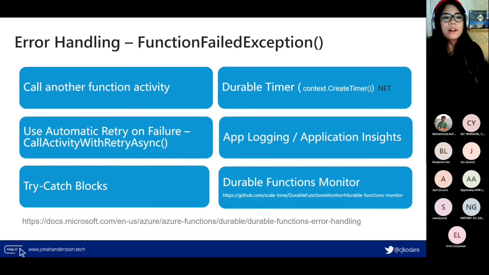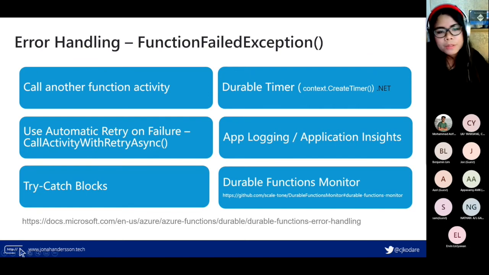And if you don't want to manually create or call another function activity, there's actually a ready method called CallActivityWithRetryAsync, which means that it automatically retries your activity if it fails. So this is a good one if you want to write clean code without too many if conditions.